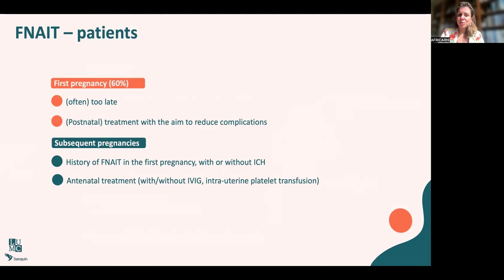Most people treat with IVIG, sometimes with corticosteroids, and also with intrauterine platelet transfusions, although that's not done broadly.